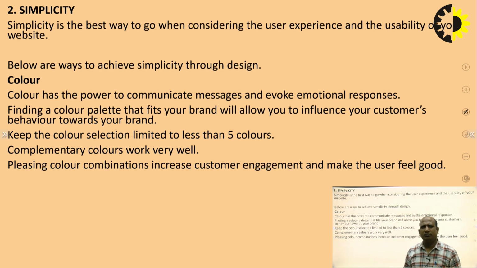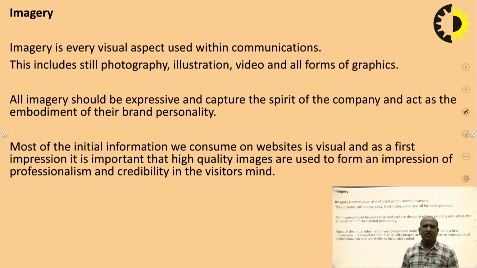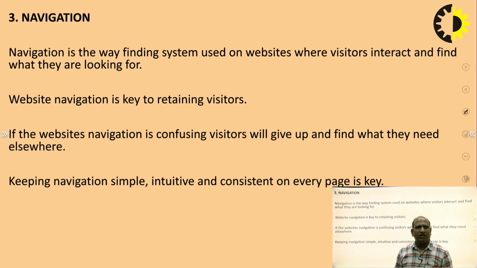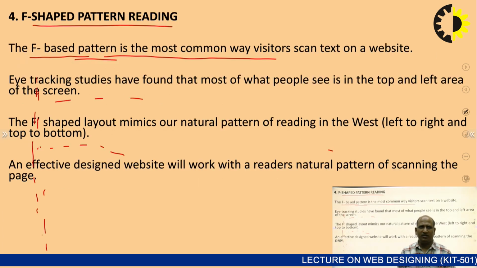To make it simple, we generally focus on color, type, and imagery of your website. Then the next principle we understood is navigation. The pages should be properly navigated. There should be a proper mechanism to navigate amongst different pages.